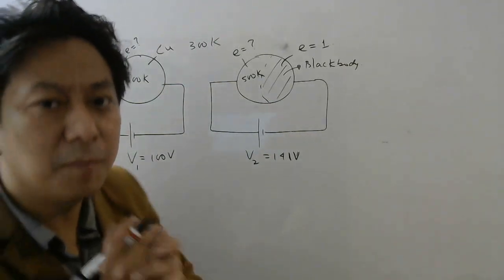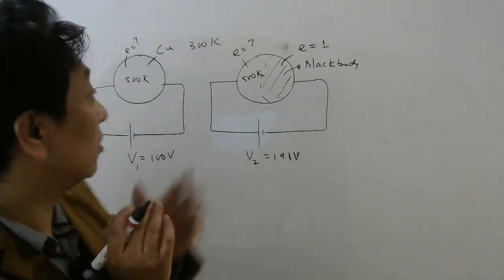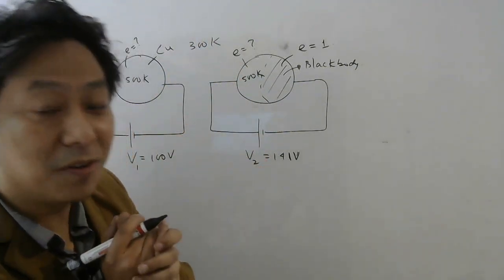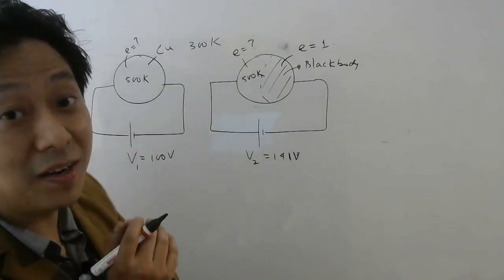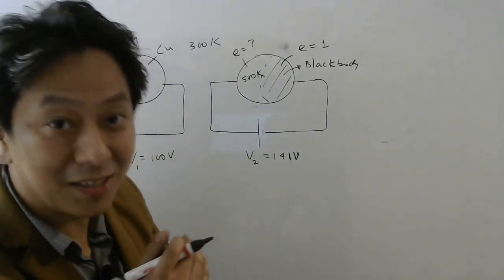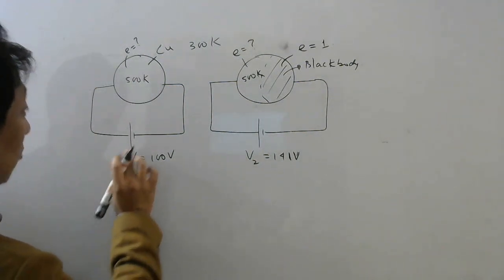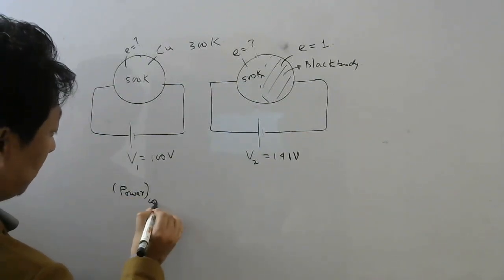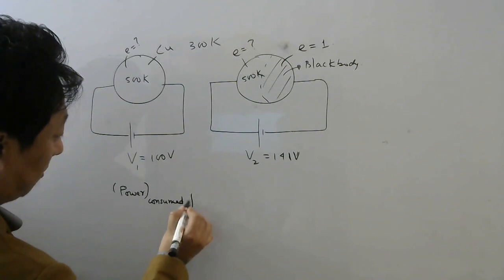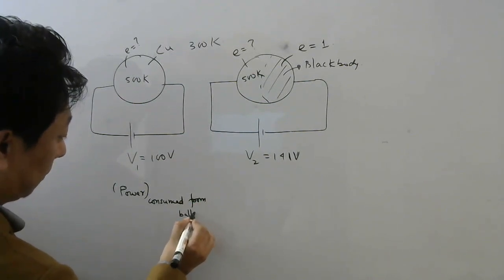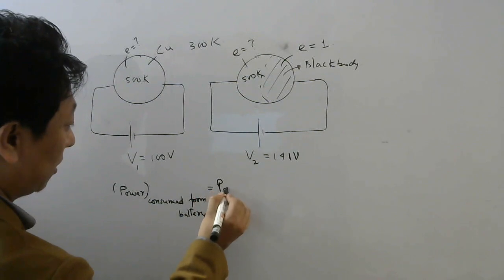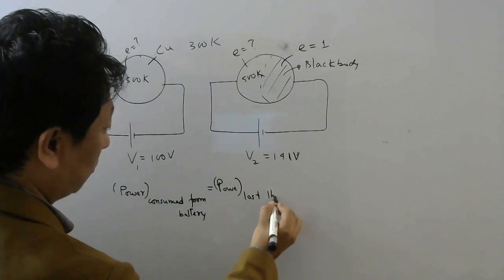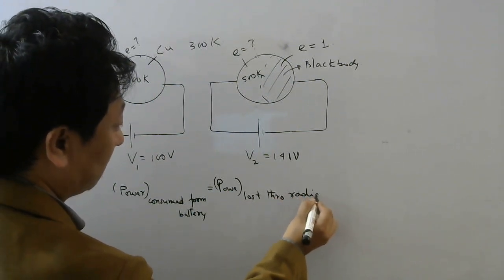Now think why the temperature of the body is maintained. Because this is cold than this, so this should lose heat through radiation and it should cool down. So why is its temperature maintained? Because this battery is supplying heat. So whatever power is consumed from battery, that must equal power lost through radiation, isn't it?